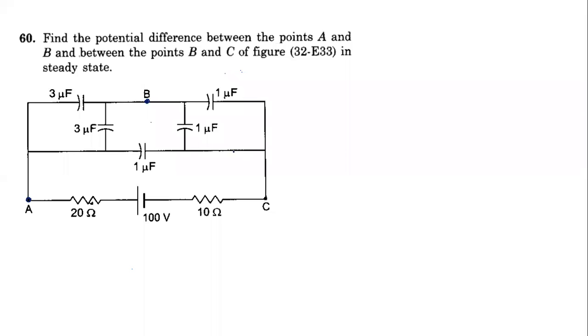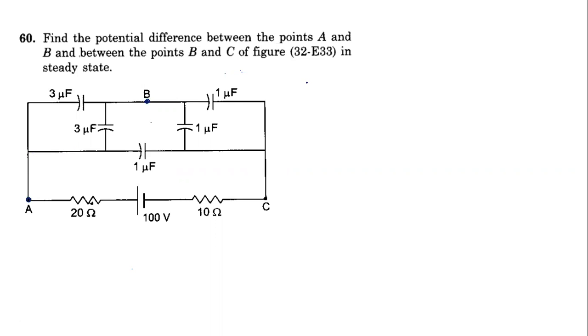What is my scheme to find the potential difference? Basically I need to travel from A to B. As we travel from A to B, as we cross a capacitor, the potential changes. I need to know the charge and the potential difference across the capacitor, and if there is any resistance in the path, I should know the current in the resistor.